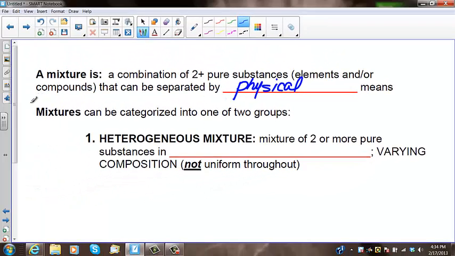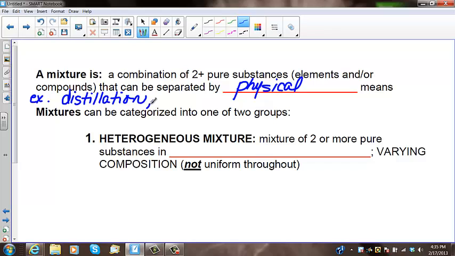Some examples of separation by physical means could be distillation. Distillation is the separation of a mixture based on boiling point.